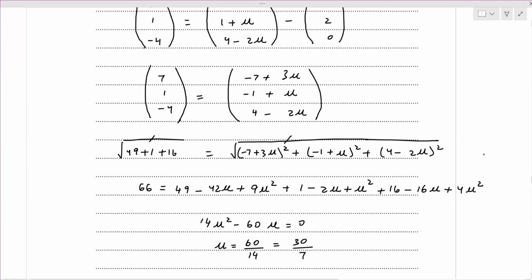We had to calculate the coordinates of D, so we will put mu in this column vector, and we will get OD. So according to this, OD will be 76 over 7, 37 over 7, 32 over 7. These are the coordinates.